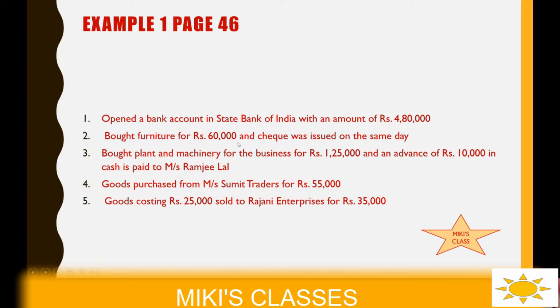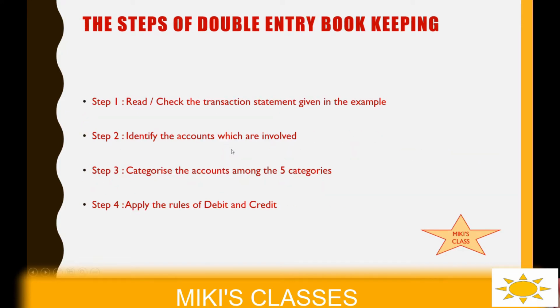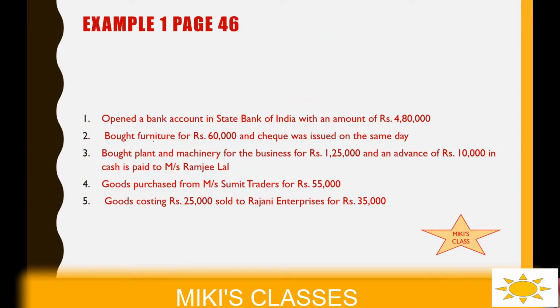So we have read the statement. That is step number 1. Step number 2 is to identify the accounts. Bought furniture for rupees 60,000 and a check was issued. Whenever a check is issued, you know with practice, as I keep telling you, that a bank account is involved.